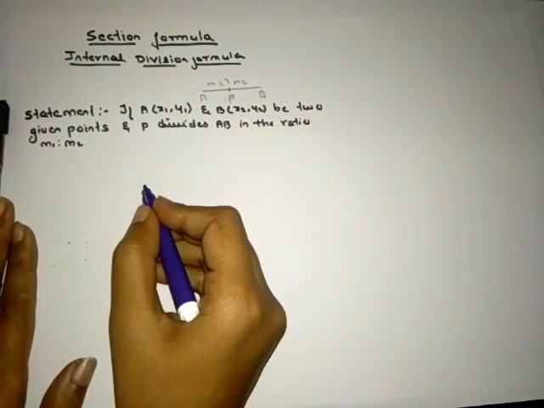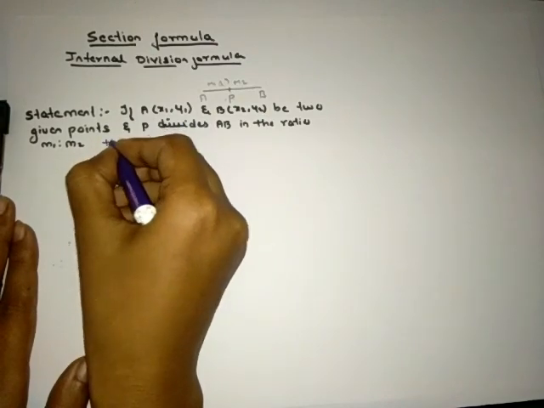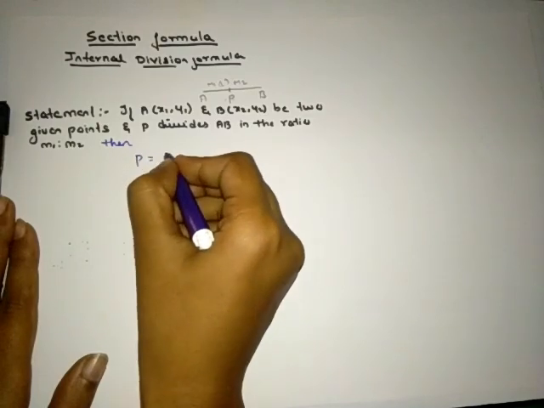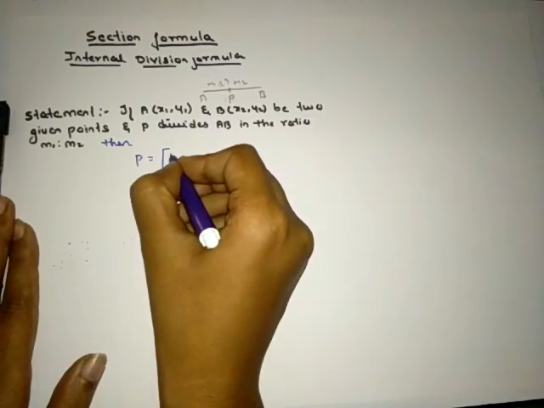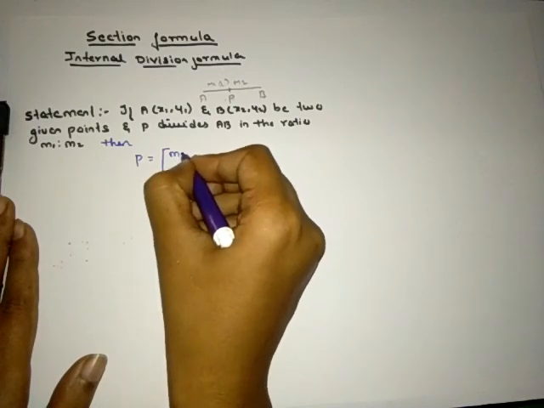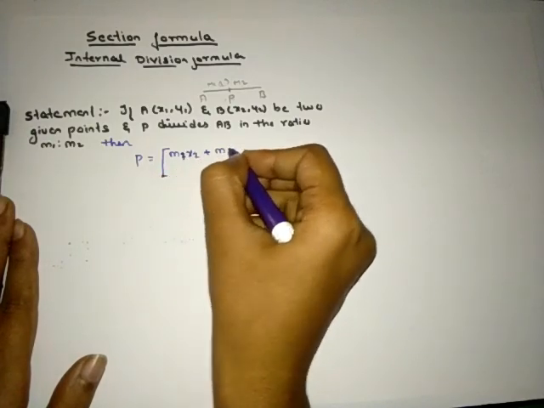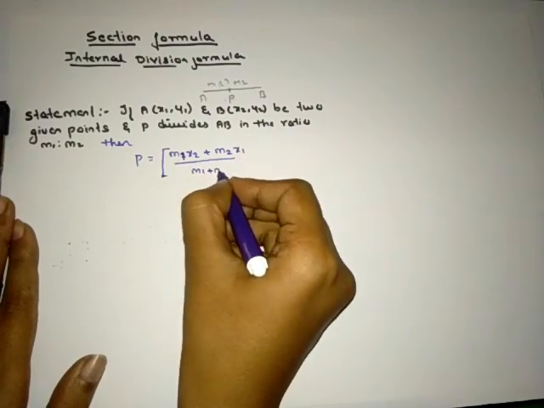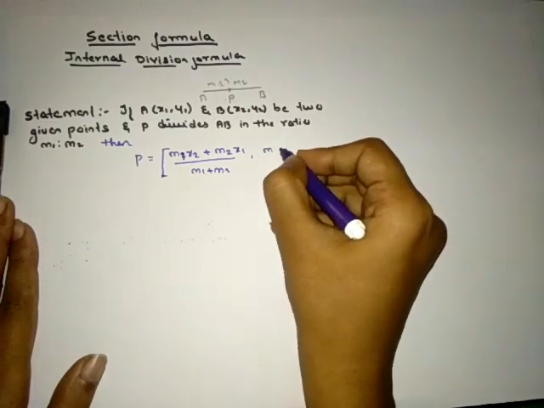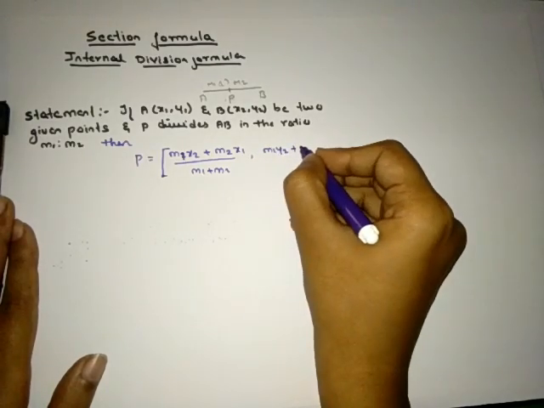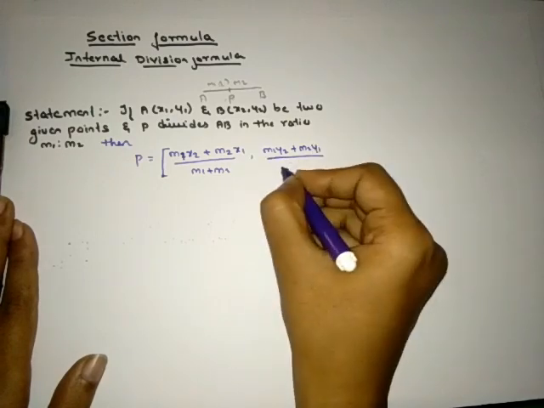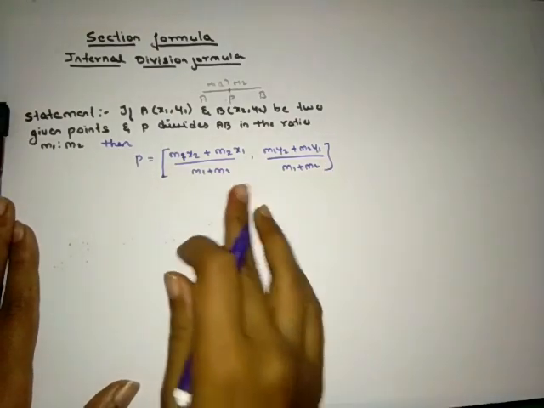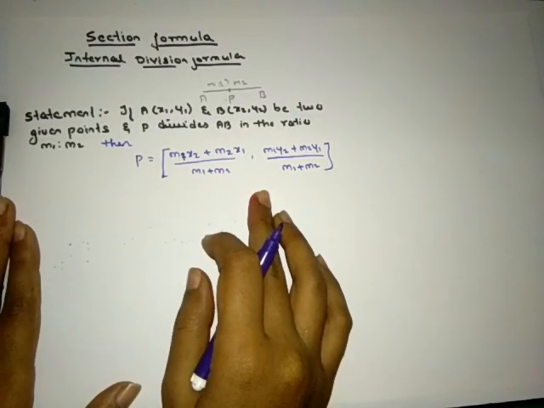Now if it is dividing in this ratio, then P will have the coordinates m1 x2 plus m2 x1 divided by m1 plus m2, comma, m1 y2 plus m2 y1 divided by m1 plus m2. Right, this is the formula, that is the section formula.